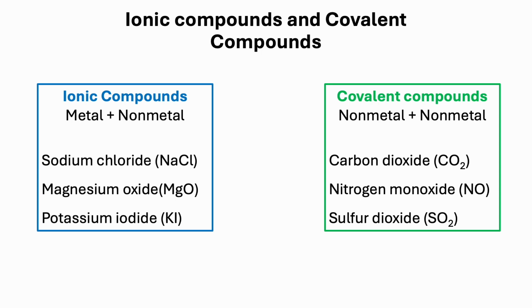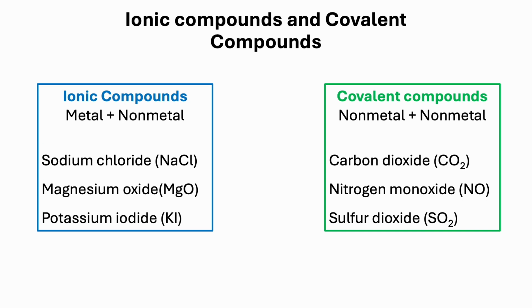Let's look at how we actually write formulas for two main types of compounds, ionic compounds and covalent compounds. Ionic compounds are made of metals and nonmetals. The metal loses electrons and becomes a positive ion, while the nonmetal gains electrons and becomes a negative ion.